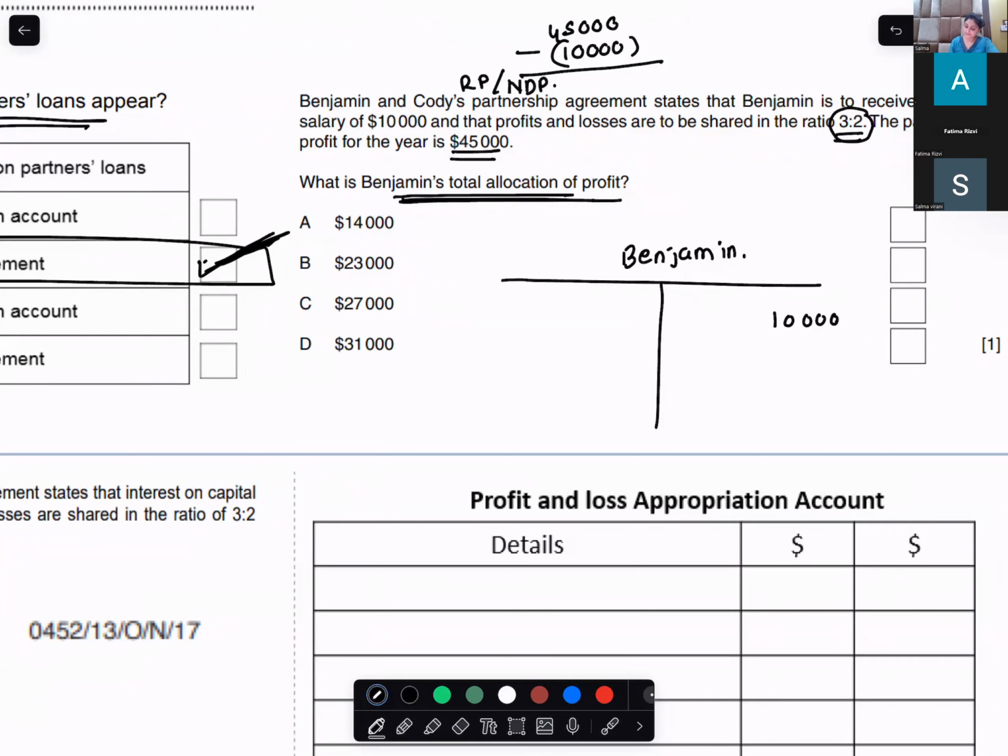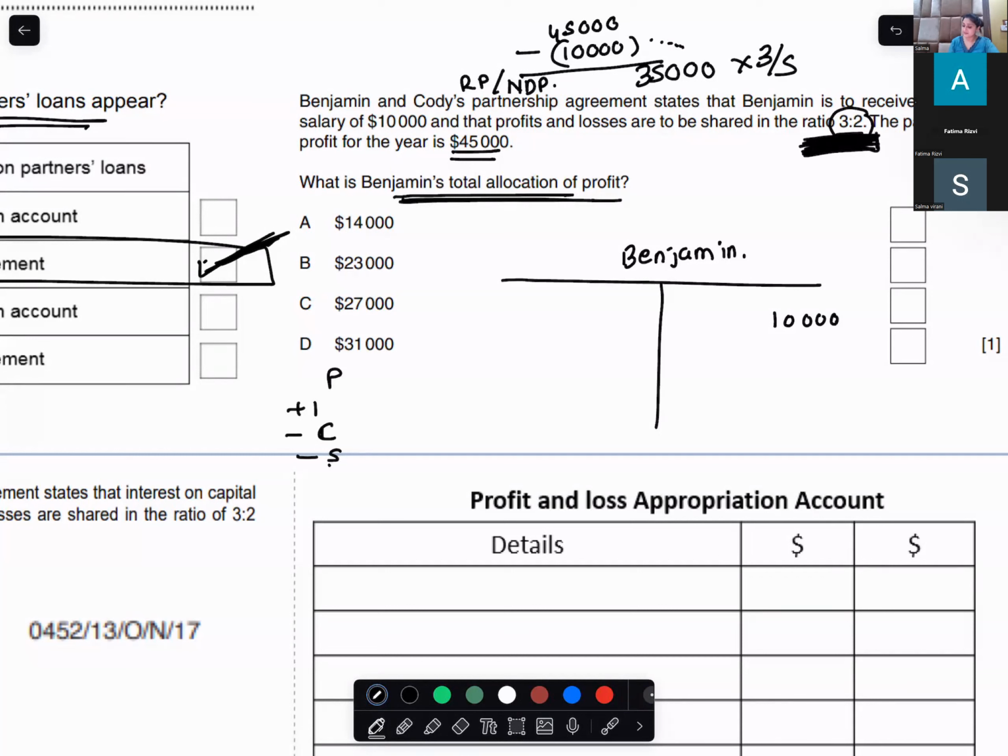Fatima, are you with me? From the profit for the year, you add the interest on drawing, subtract the interest on capital, subtract the salary, right? To get the residual profit or net divisible profit. Miss, I got the answer as 21,000. One minute. So what is the residual profit? 35,000. And Benjamin's share of profit will be 3/5.